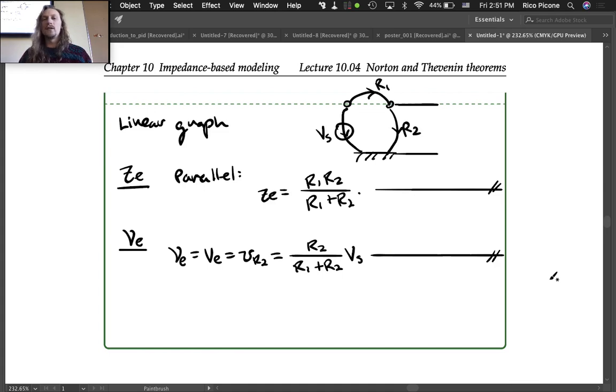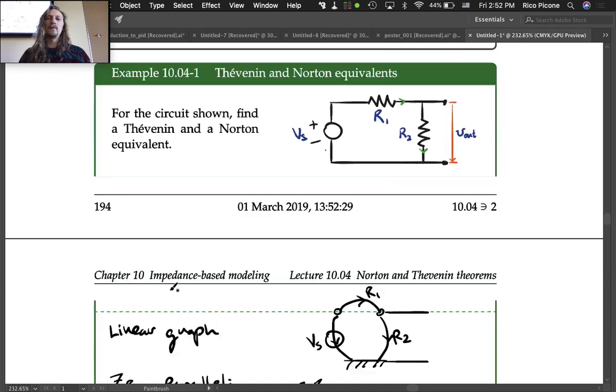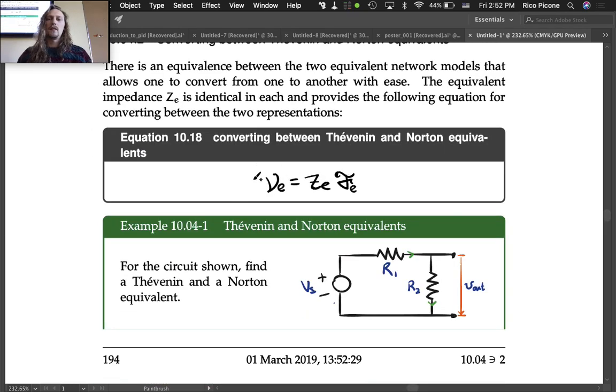And now we just need to do the Norton, right? And the Norton uses the same ZE, so all we need to find is FE. We could use this little conversion formula here. We could use that to say, oh, okay, FE is just VE divided by ZE.